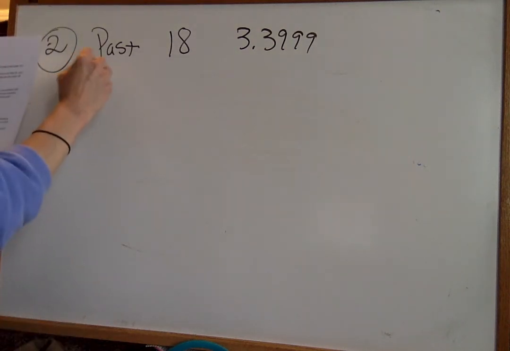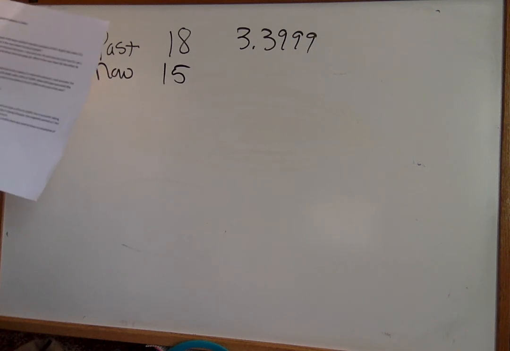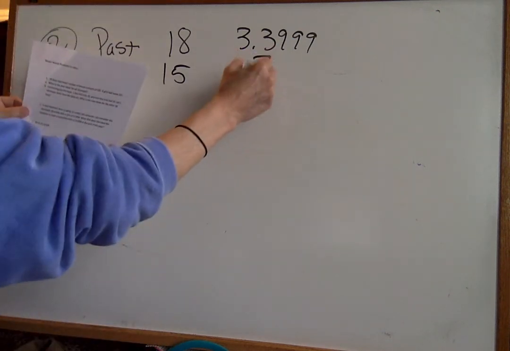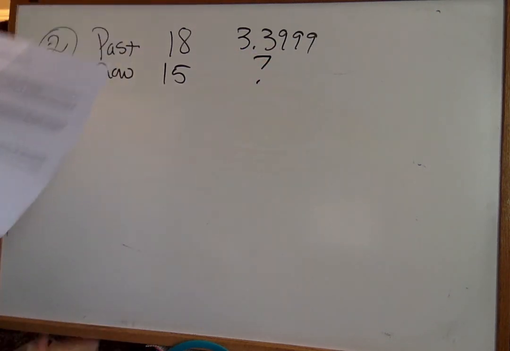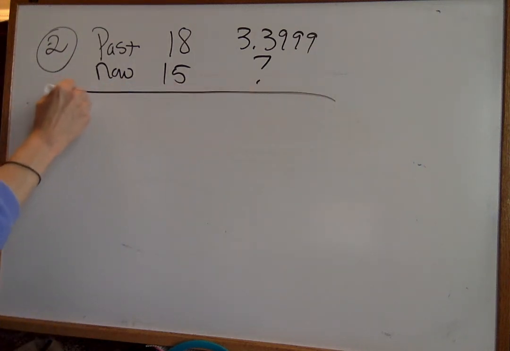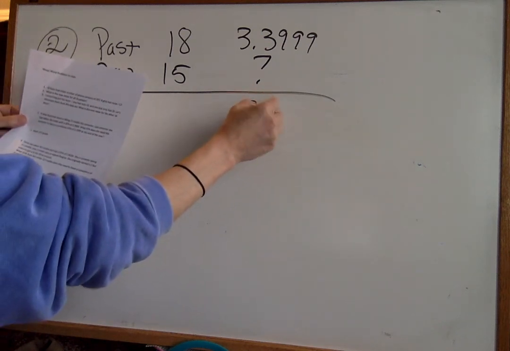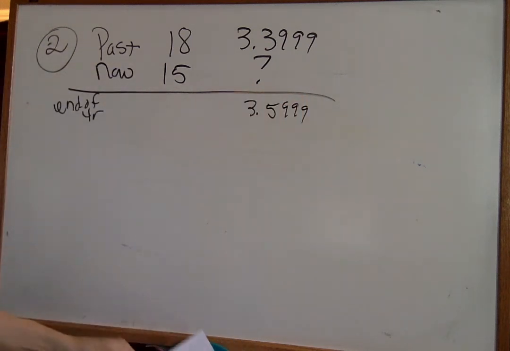Okay, so now she's taking 15 credits. They're asking us what GPA does she need that then cumulative, meaning end of the year, she will have a 3.5999. So think about what GPA even stands for.